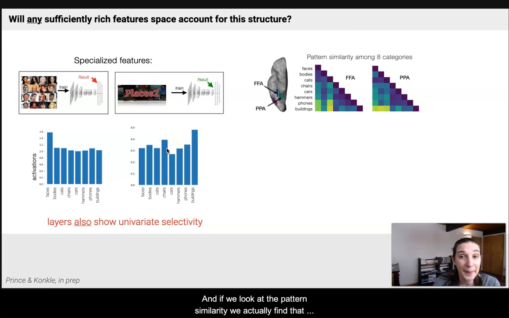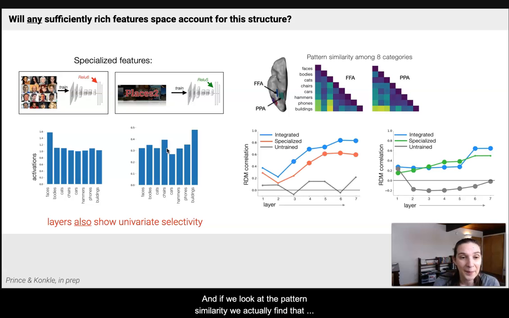And if we look at the pattern similarity, we actually find that the specialized features don't do as well. So here in red is the representational similarity in face specialized features. This is the representational similarity in scene specialized features. And in general, the integrated feature space was doing better.